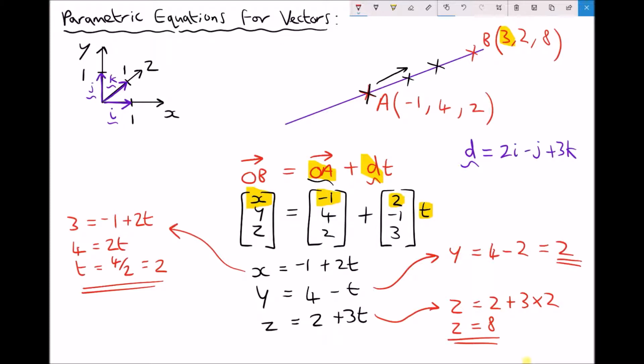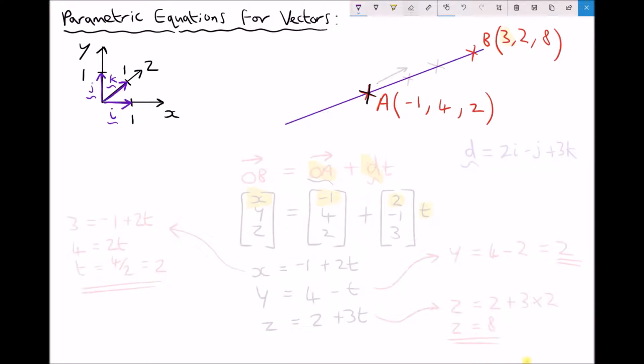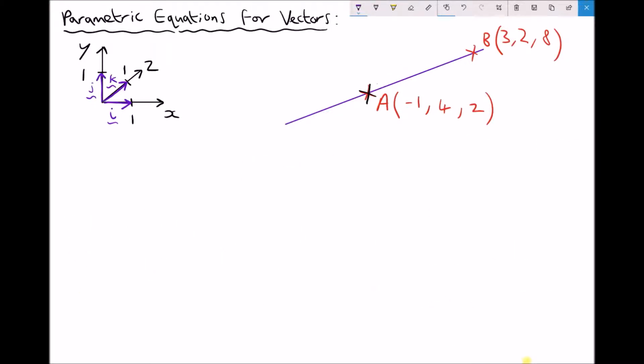So let's determine the vector AB, and then we can find the distance between the points A and B. So as we've seen in an earlier tutorial, the vector AB is the vector OB minus the vector OA. Our vector OB we now know is 3, 2, 8.